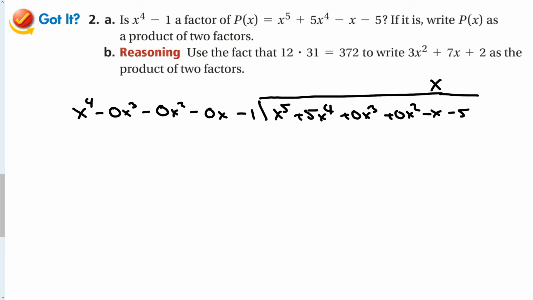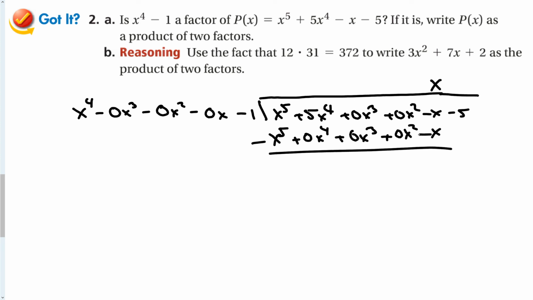So not so bad. So that's x to the fifth, 0x to the fourth, 0x to the third, 0x squared, minus x.